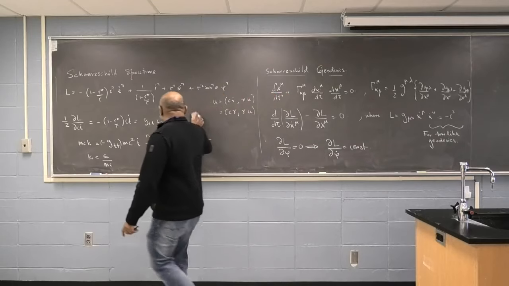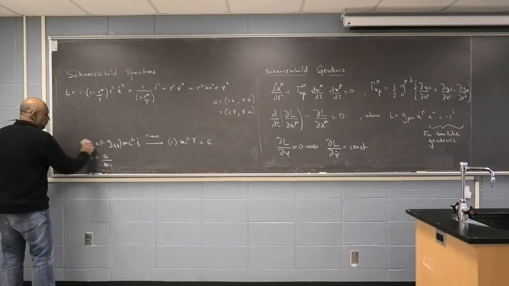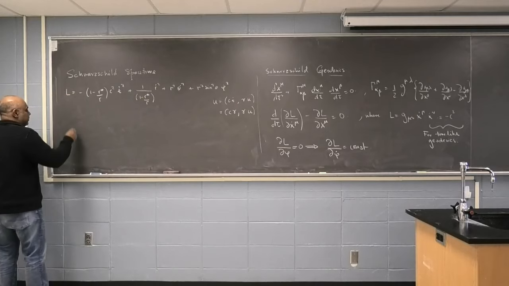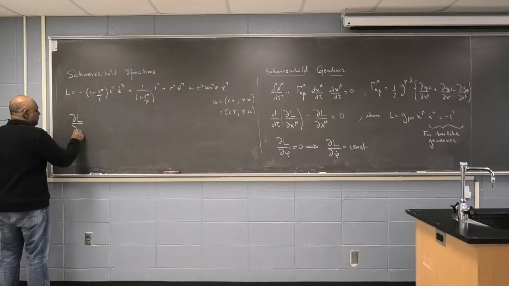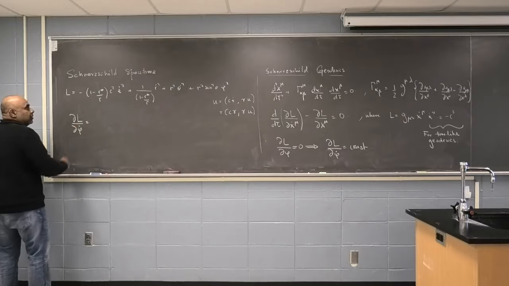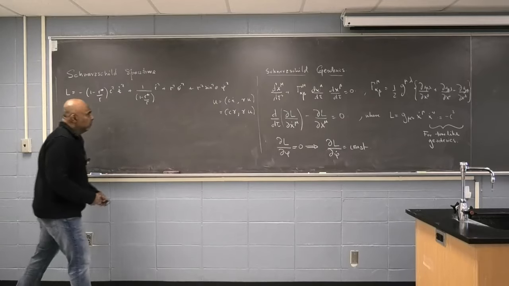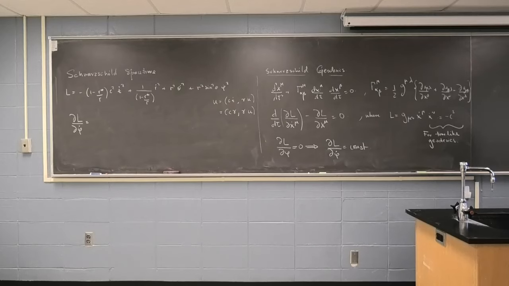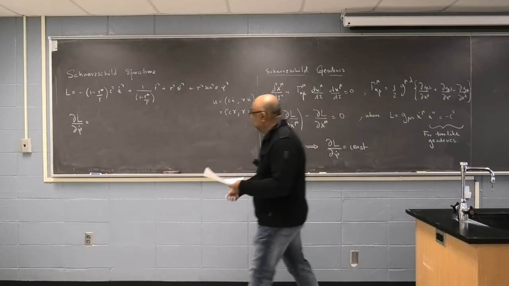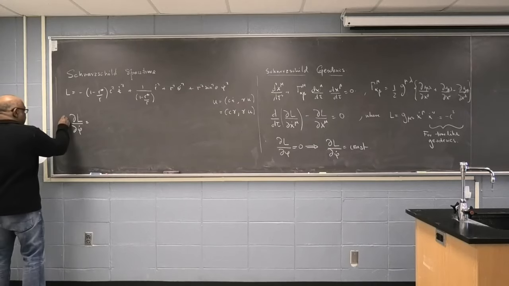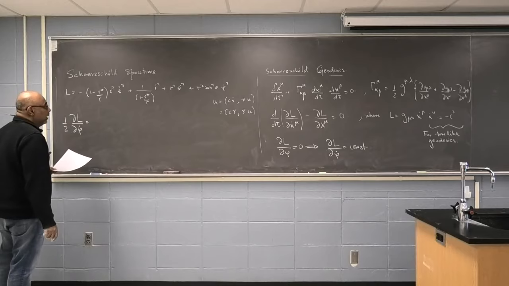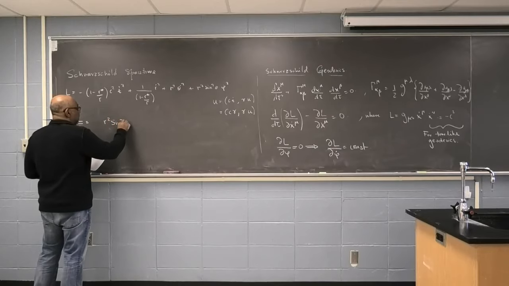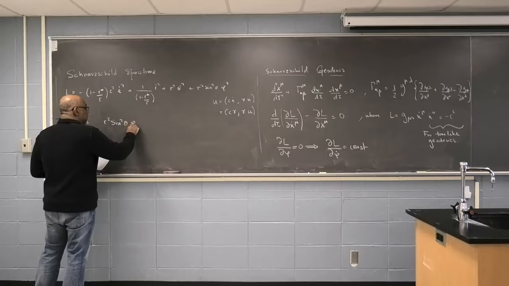And because of lack of space, what is that? I don't know if I put the 2 again. I did, so it's this, I would get r squared sine squared theta phi dot.